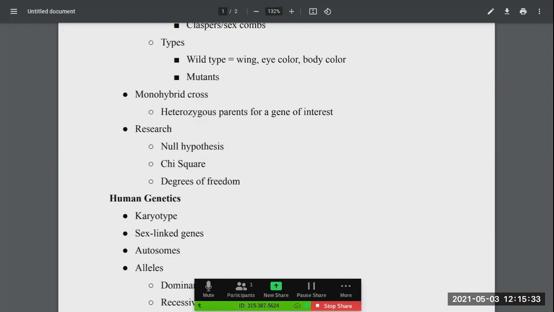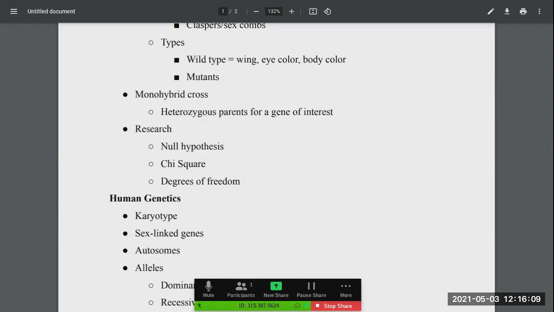A chi-square is a test that we usually use in Mendelian genetics. It deals with frequency. For example, you are trying to determine the color of offspring after you do a monohybrid cross or a dihybrid cross, and then you are trying to count the different colors. So in chi-square, you are trying to compare the expected frequencies with the actual, or observed, frequencies.